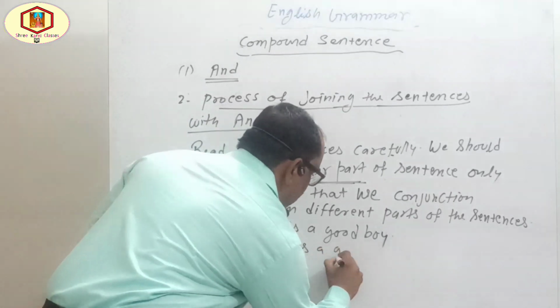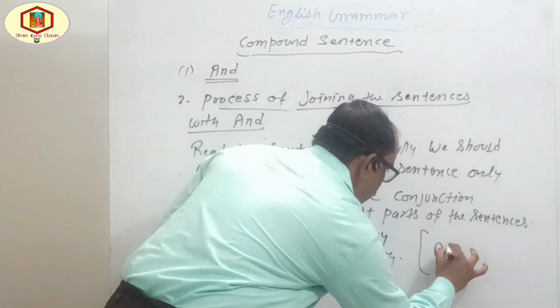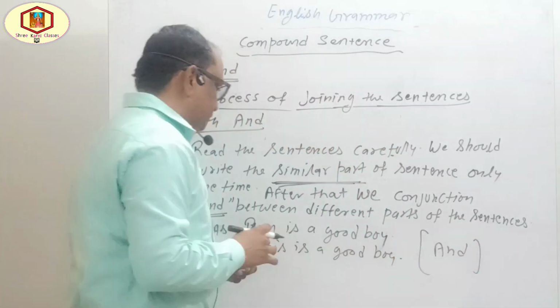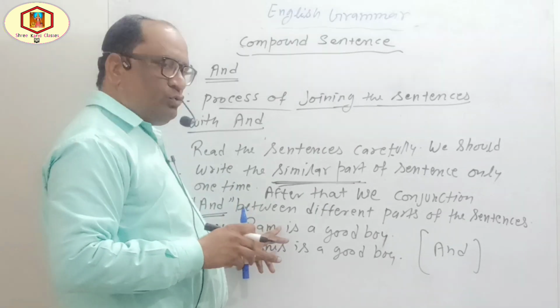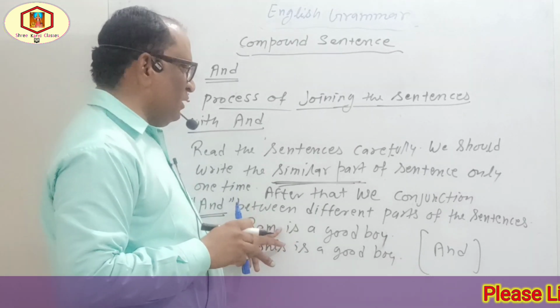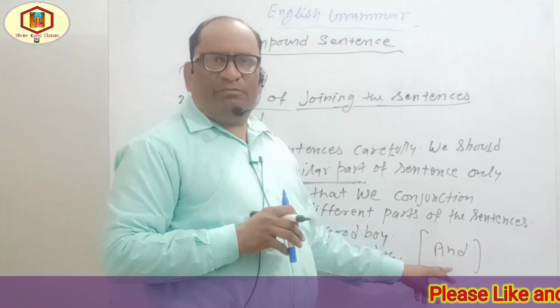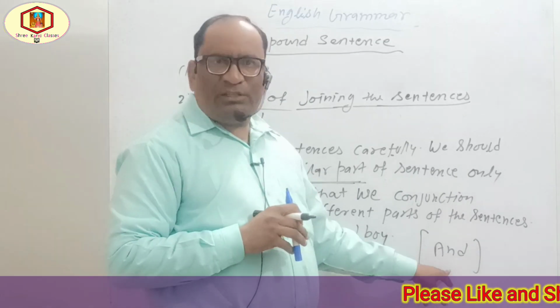Rohit is a good boy. These are two simple sentences. Compound conjunction and is given in brackets at the end of the sentences.